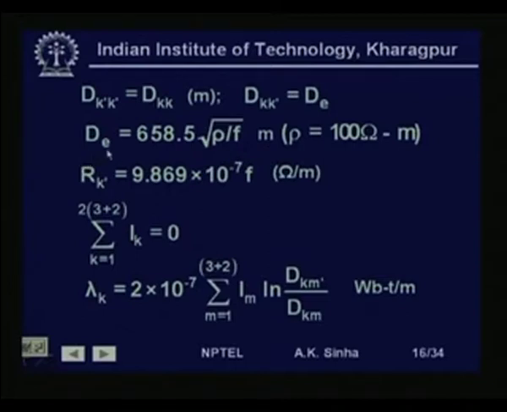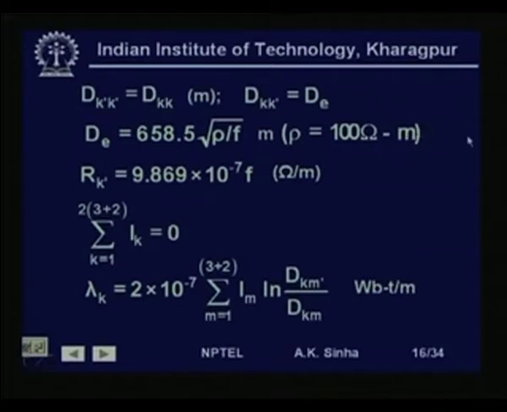And he said that dE is equal to 658.5 into square root of rho by f. Now, this is an empirical formula which was found after lots of experimentation, where rho is the earth's resistivity, and if one does not know the earth's resistivity properly, then one can always choose 100 ohm meter, which is the resistivity for a wet earth.